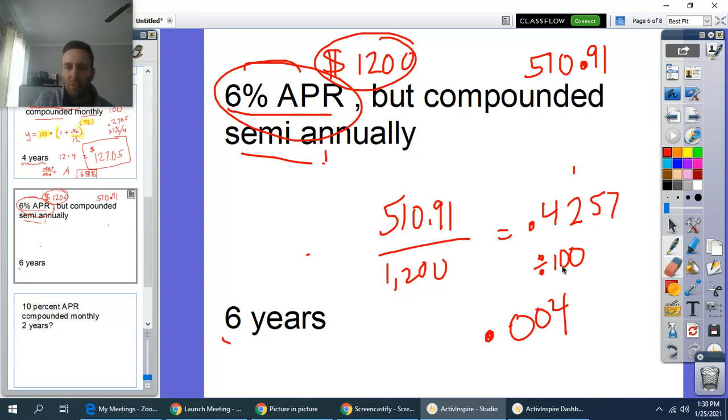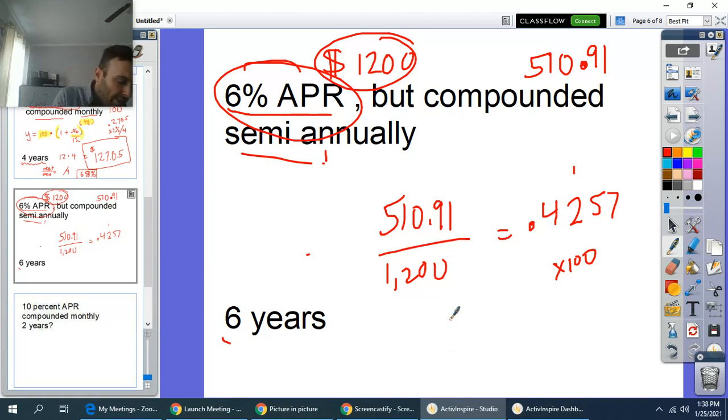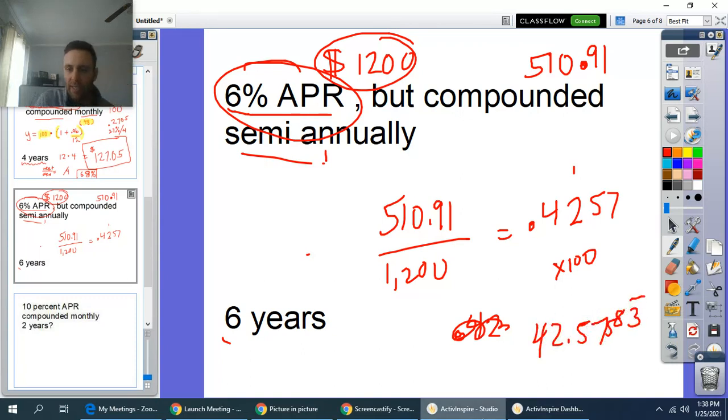When you go from a decimal to a percent, you don't divide by 100, you multiply by 100. So when I multiply by 100, and again, I'm not rounding yet, you don't want to round until the very end, you end up with 42.5758, and then there's a bunch of threes that repeat.